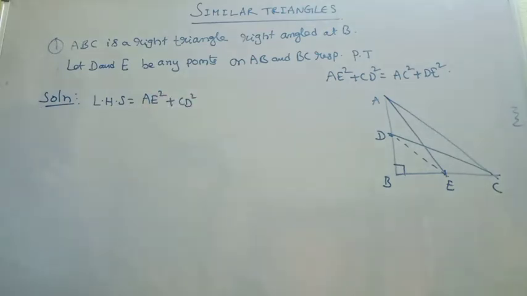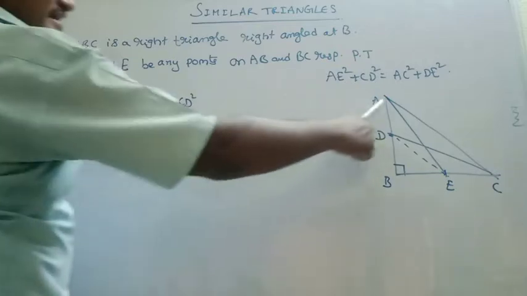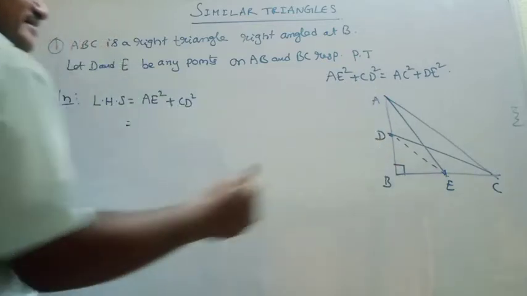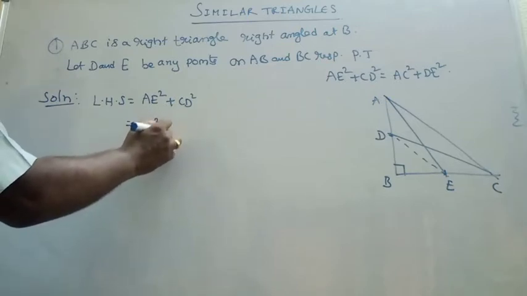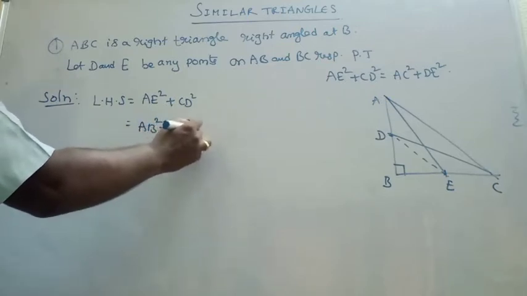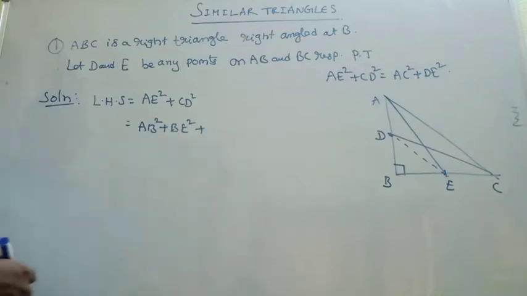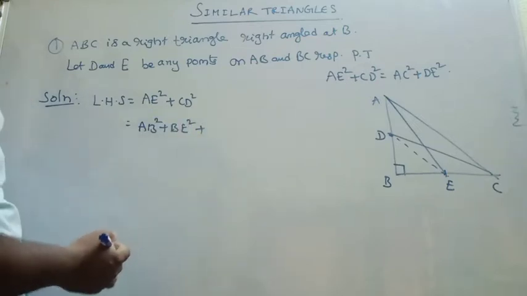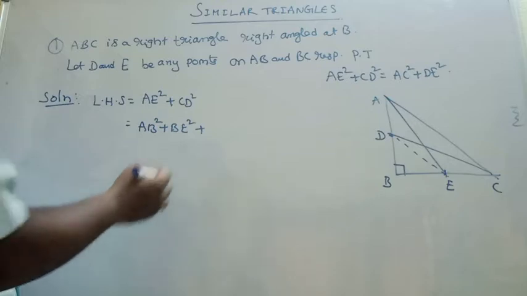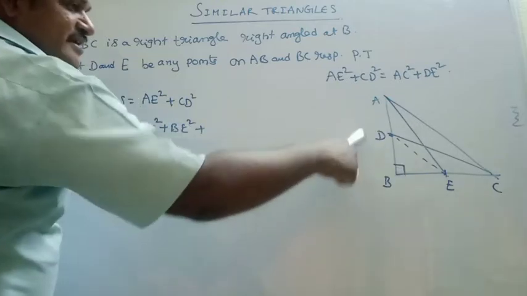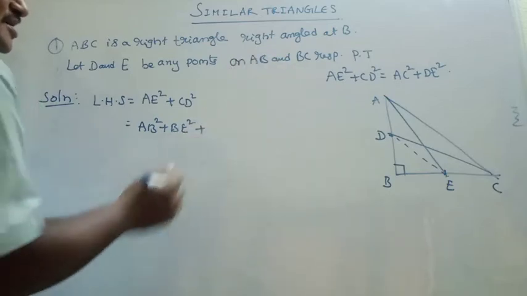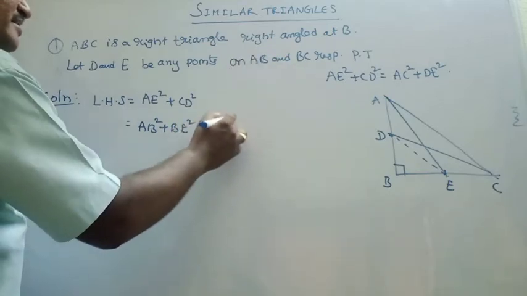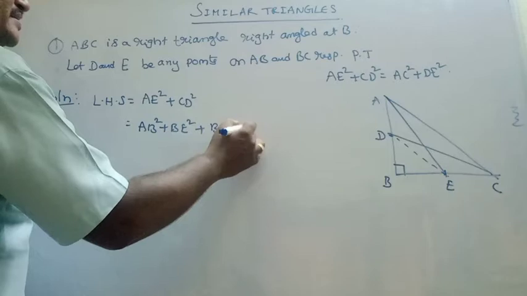Now you see, my dear students, AE square we can write, in this right angle triangle ABE, as AB square plus BE square, plus CD square. Now BDC is a right angle triangle, and CD square is the hypotenuse, so you can write it as BD square plus BC square.